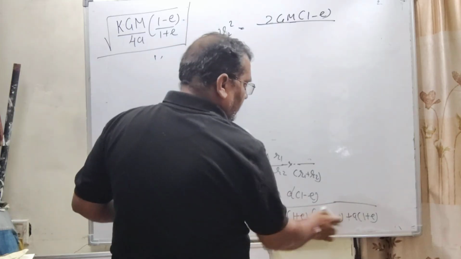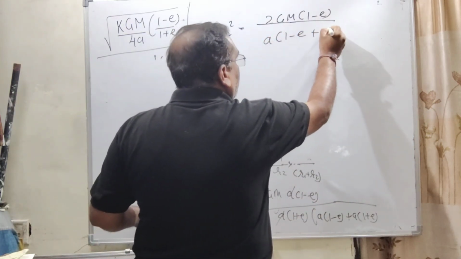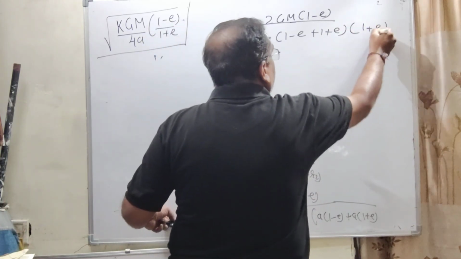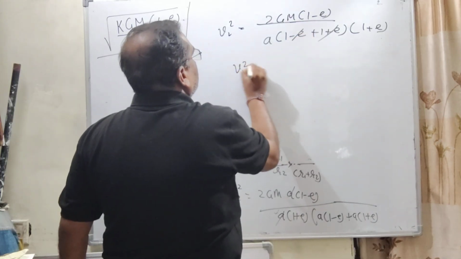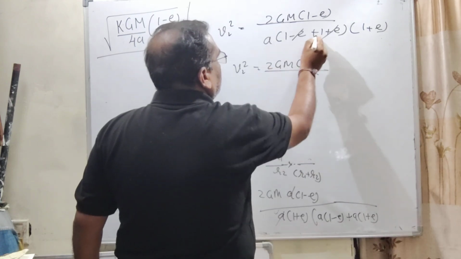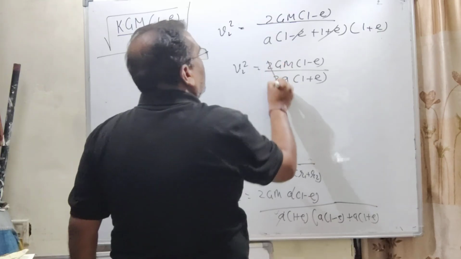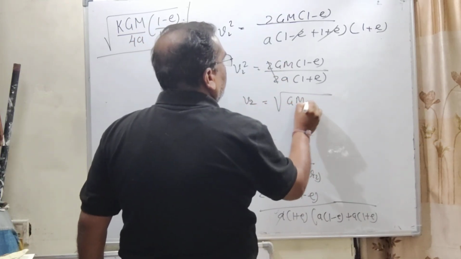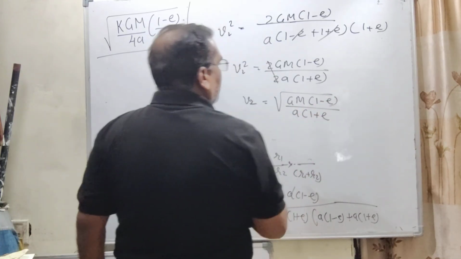Here a taken common, (1 minus e)(1 plus e), and this is again (1 plus e). So here the e cancels out, then v2 square is 2 G M (1 minus e), this is 1 plus 1, 2a and (1 plus e). So here 2 cancels out. Then v2 can be written as root of G M (1 minus e) by a (1 plus e).